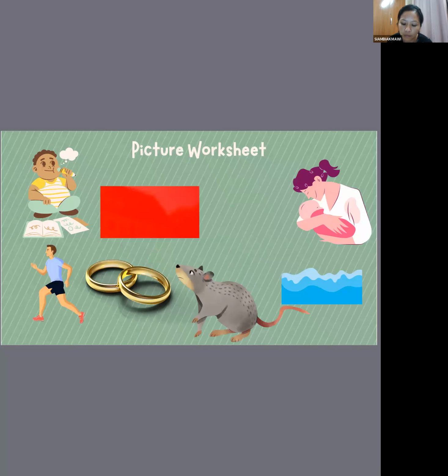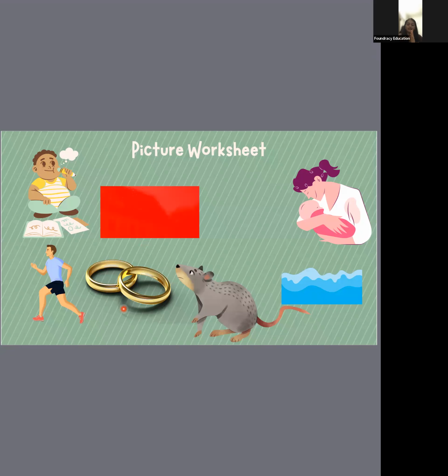And this is the picture worksheet. Again, put a pointer or your stick on the picture. Ask kids to identify. If they are able to identify, it's good. But if they are not able to identify, you tell them that this is a color which is red. You're supposed to say red firstly in the common way. Red. This is red. Now this is ing.